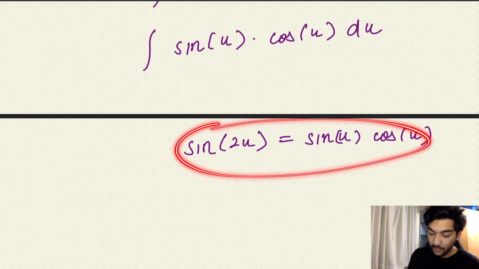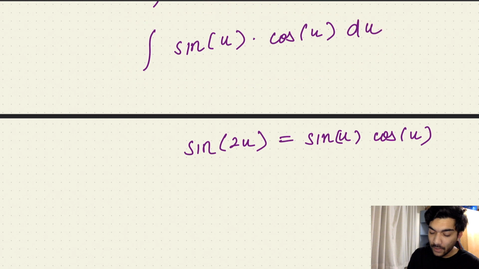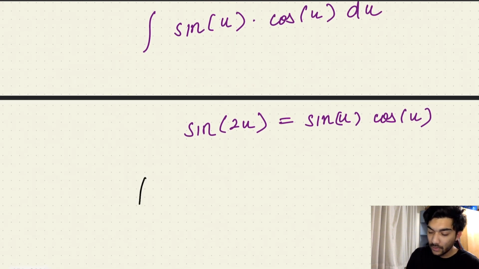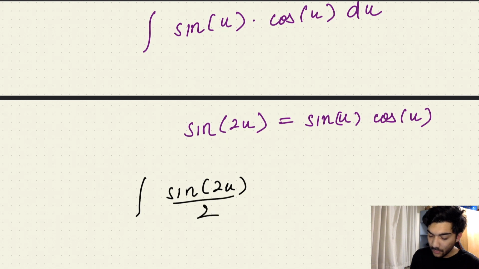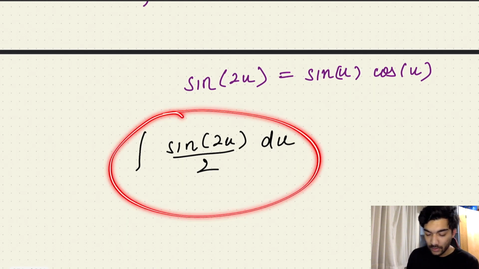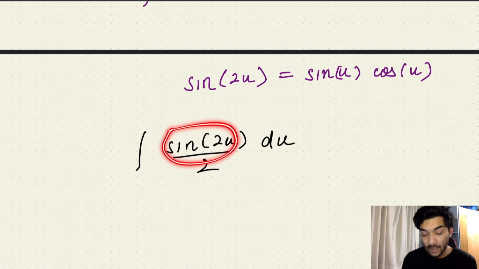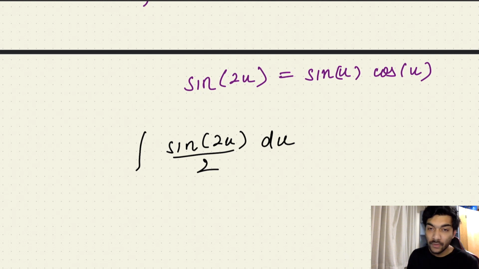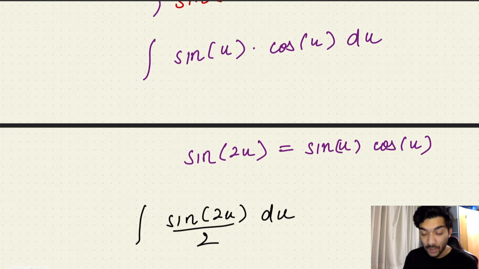If we use this formula, our indefinite integral will be simply converted to calculating the integral of sine 2u by 2 du. And then you can easily solve this question by taking the integral of a sine function, which you know would be a minus cos expression, right?